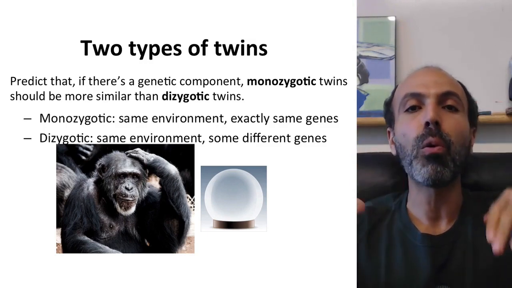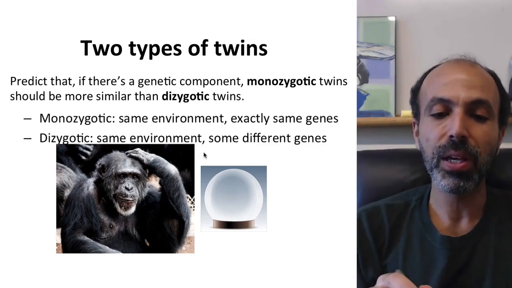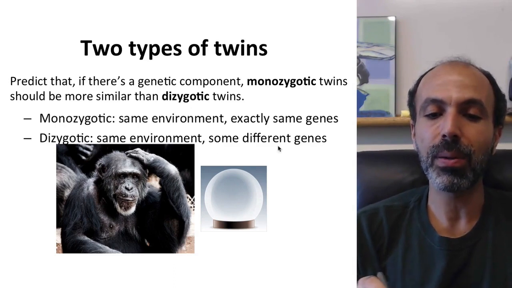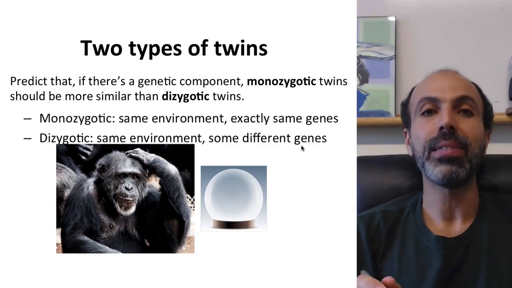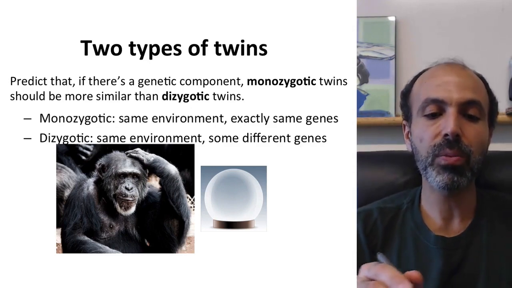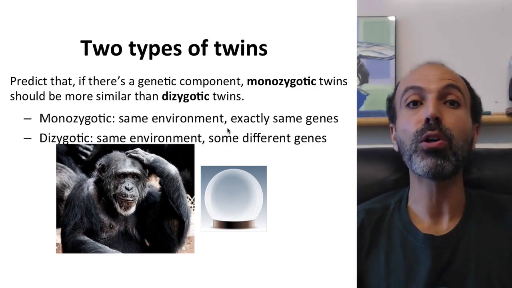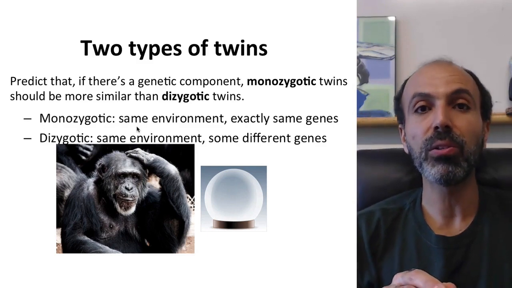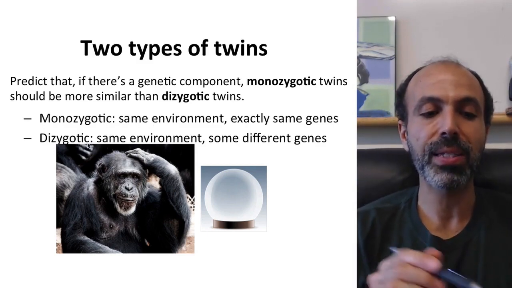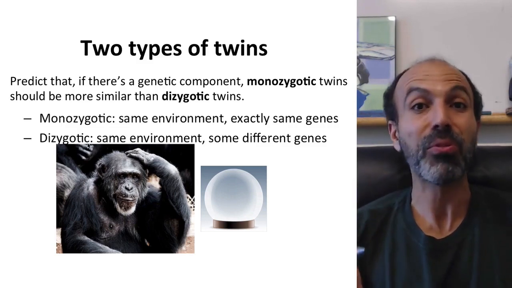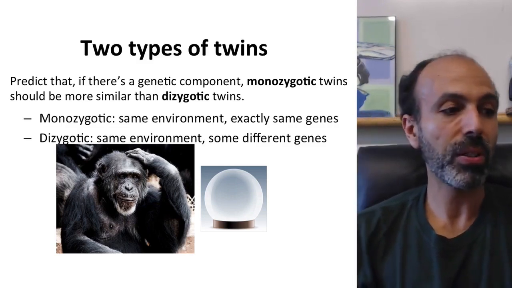Dizygotic twins might be a little bit more different because they don't have exactly the same genotype. They have some different genes, whereas the monozygotic twins have exactly the same genes. And we're assuming these twins are reared in the same environment, or close enough. There's no particular difference. If you have monozygotic twins versus dizygotic twins, you probably don't treat them any differently. You treat them the same because they're your kids.